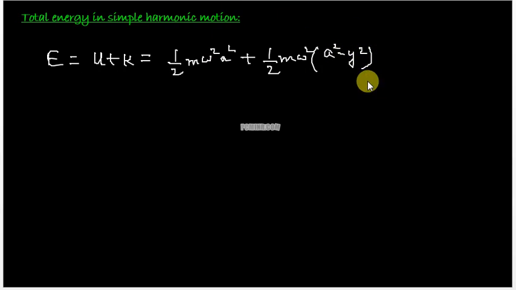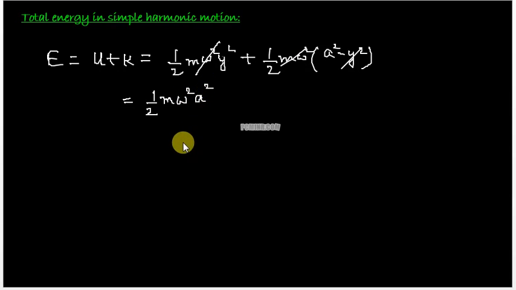And when we open up this bracket, we would get energy as half m omega square y square plus half m omega square a square minus half m omega square y square. And when we add them, this is positive and the term we'll get here will be negative. Half m omega square y square would cancel out. So your net energy turns out to be half m omega square a square.